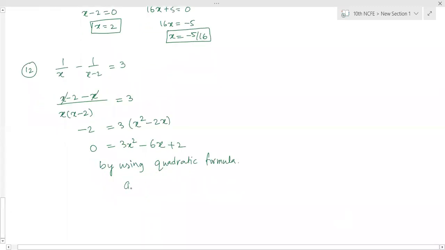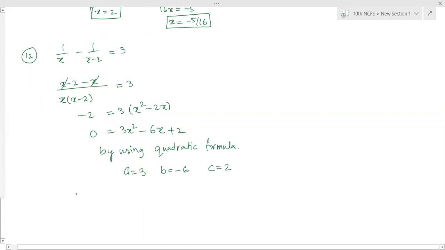What is the value of a? 3, b is equal to minus 6 and c is equal to 2. So you have to first calculate the value of b square minus 4ac. Value of d is equal to minus 6 square minus 4 into 3 into 2. That is 36 minus 4 3s are 12, 12 2s are 24. That is 12. Value of d you got as 12.